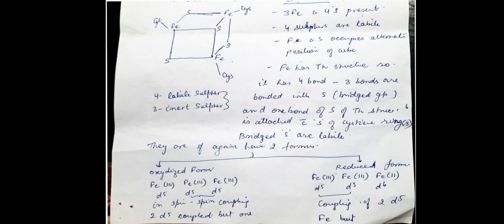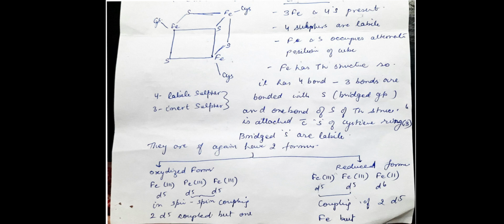In spin-spin coupling, 2 d5 are coupled, but 1 d5 is found as such in the molecular orbitals. So overall there are 15 electrons, from which 14 become coupled and 1 unpaired electron is present. In the reduced form, d5, d5 is coupled, and lastly d6 is present.